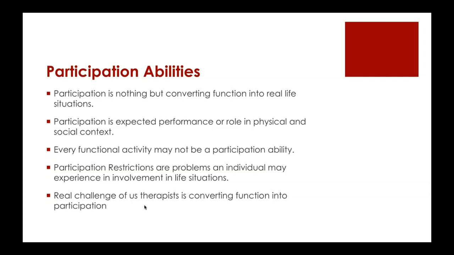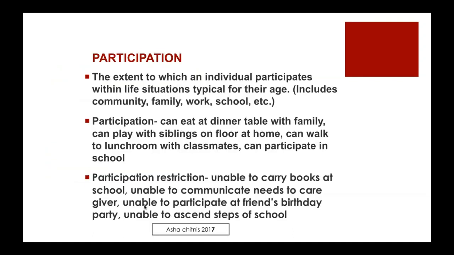Remember that. Participation restrictions are the things that he needs to do by his age in society and does not do. Those are our real challenges, and those are our real goals that we have to look at as we go further. For example, participation is: can eat at a dinner table with family, can play with siblings on a floor at home, can walk to a lunchroom with classmates.